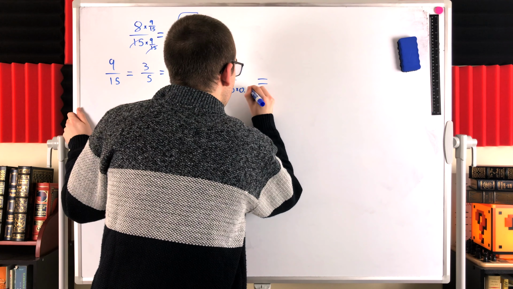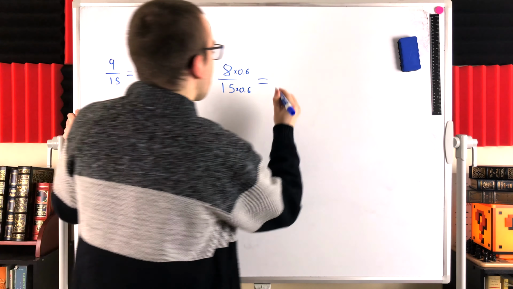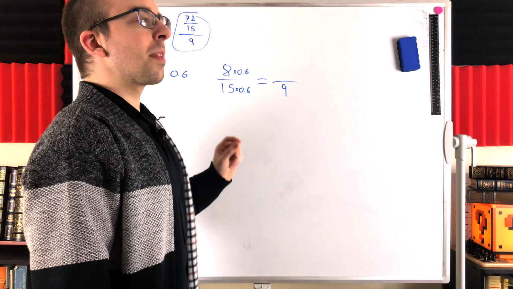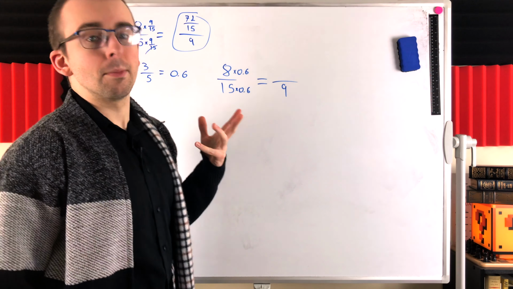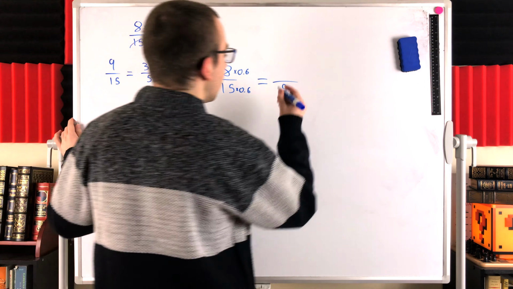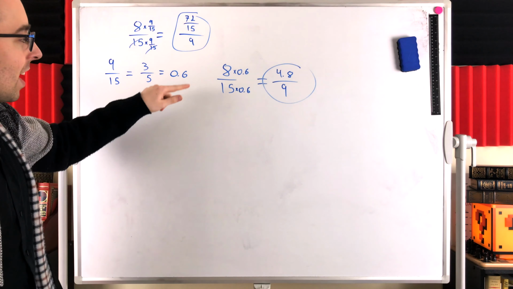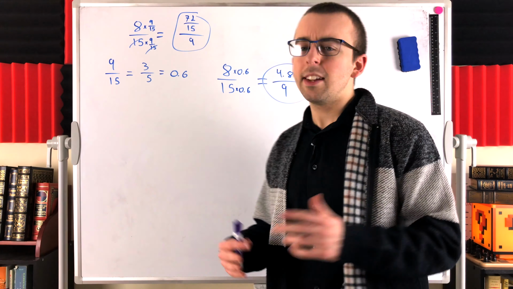So 15 times 0.6, 8 times 0.6. 15 times 0.6, of course, is going to be 9. 8 times 0.6, well, 8 times 6 is 48, so 8 times 0.6 must be 48 divided by 10, which is 4.8. That's just another way of writing the fraction 8 over 15 in terms of nines. Pretty cool. And it's as simple as that.